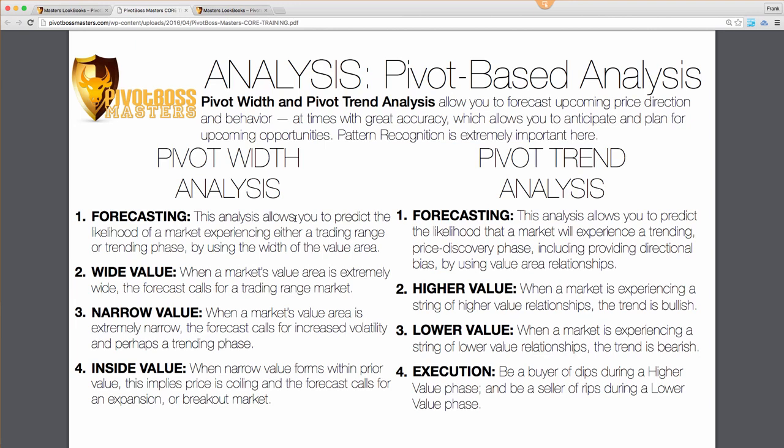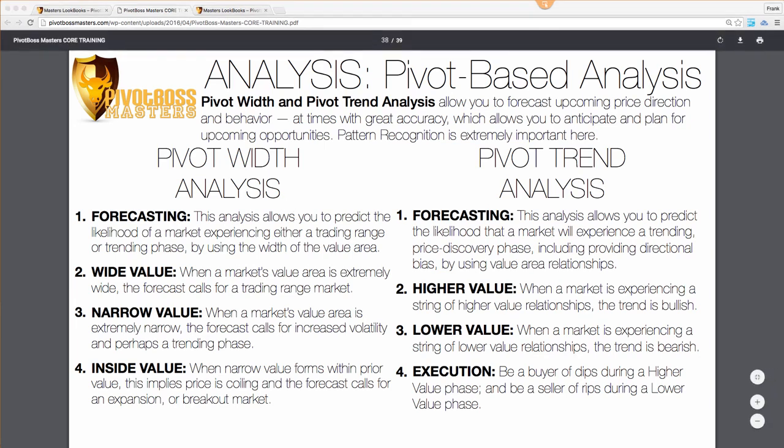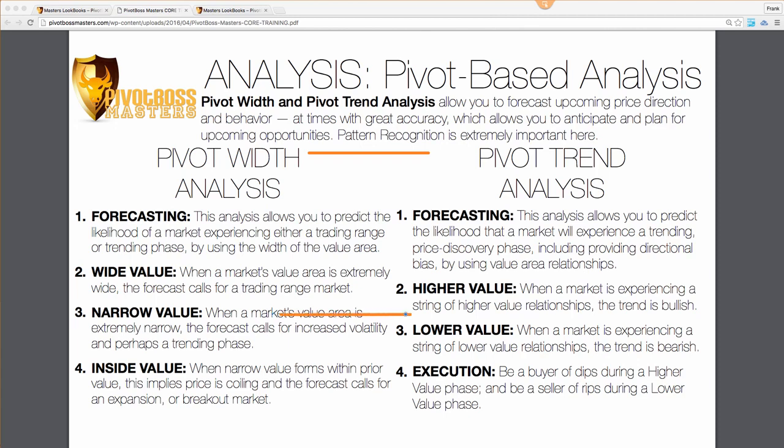So that's basically telling you that if you have a value area that's rather wide compared to average, then in the upcoming period of time, you're likely going to experience some sort of trading range. If the value area is very narrow for a given market, then that forecast calls for increased volatility and perhaps a trending or breakout phase.